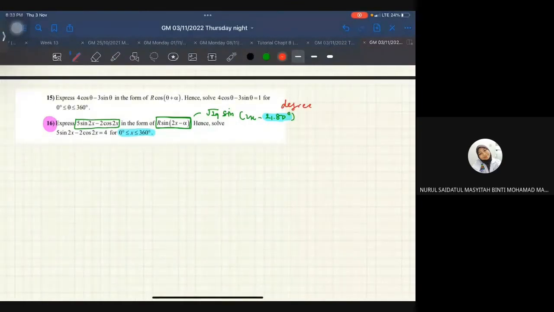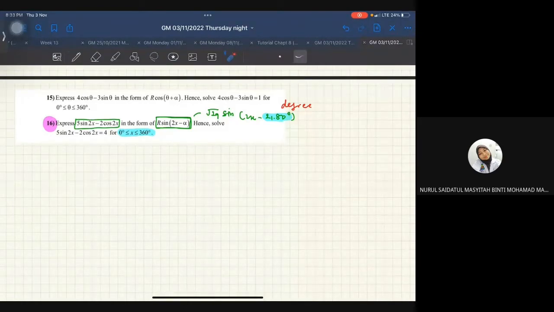Okay, and then bila dah dapat dalam bentuk R sin (2x minus alpha), so soalan suruh kita solve kan this equation right now. So bila nak solving kan this one, awak kena cari pattern soalan tu. Okay, so maksud saya cari pattern is sekarang ni untuk yang warna hijau ni, kita akan gantikan dia masuk dekat sini.